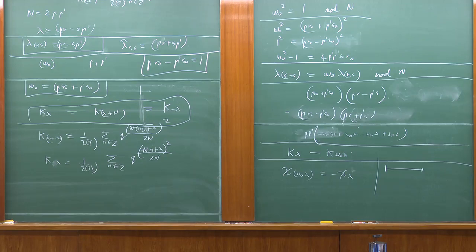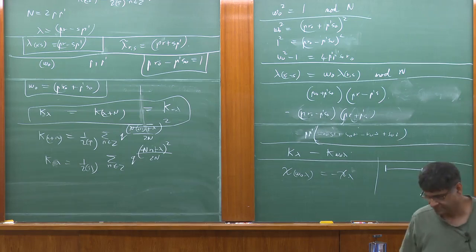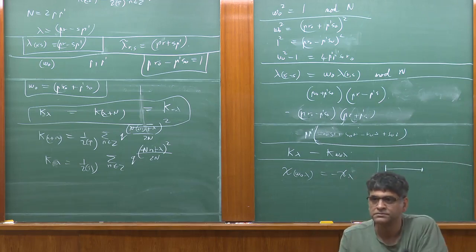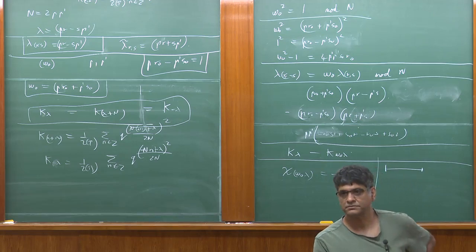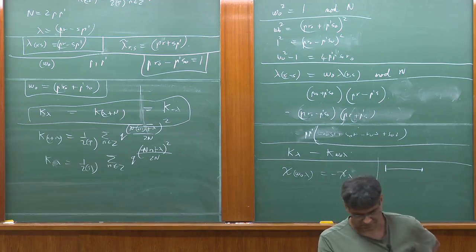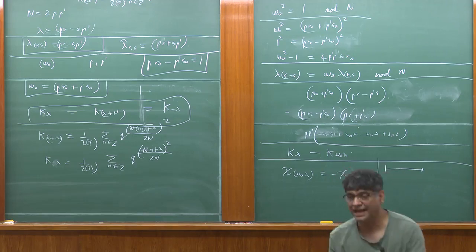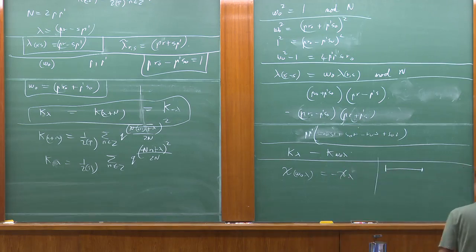Clear? Okay. And this number of independent chi's is precisely the number of independent characters which we get by the counting from last time. Should I think of these characters in terms of R and S, or just lambda? There are two sets of things, right? Excellent question.